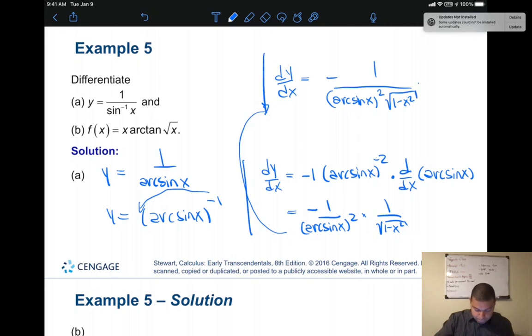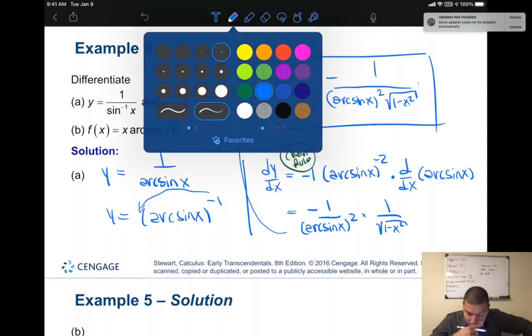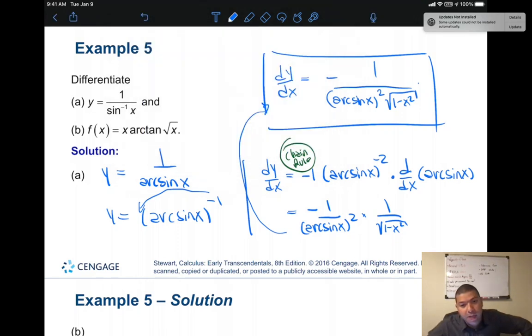Okay? Not looking great because of the space management, but that's the solution, right? For A. I just had to use the chain rule, and then I applied the derivative of the arc sine.